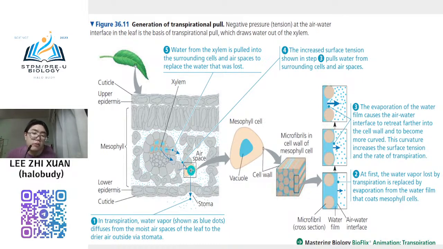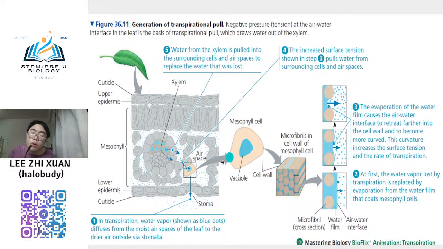And then we know that our leaf contains palisade mesophyll and also spongy mesophyll, right? Palisade mesophyll, you still remember, is column shaped. They are lined up one by one and packed together. But in spongy mesophyll, the cells are arranged loosely, and there are many air spaces there. So the air space will contain a lot of water vapor.